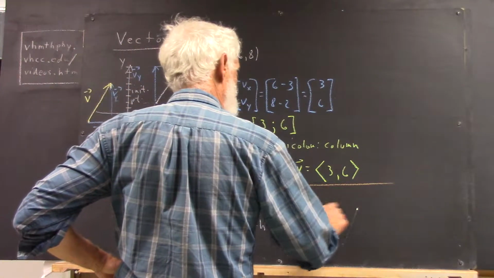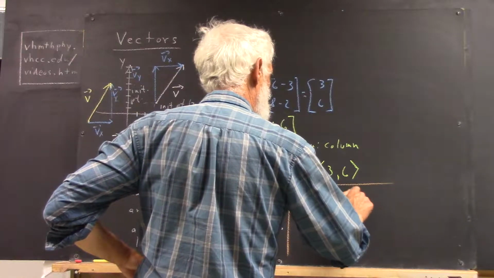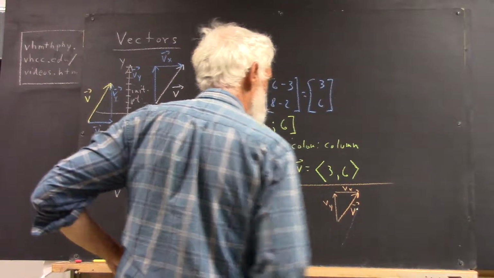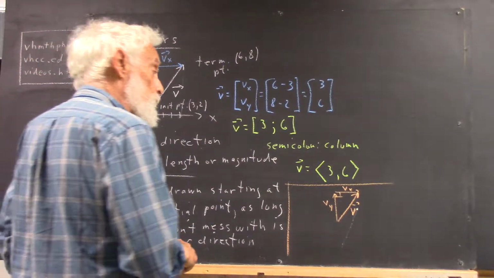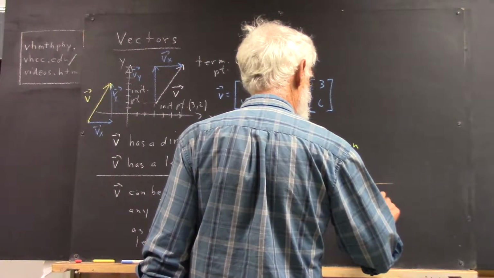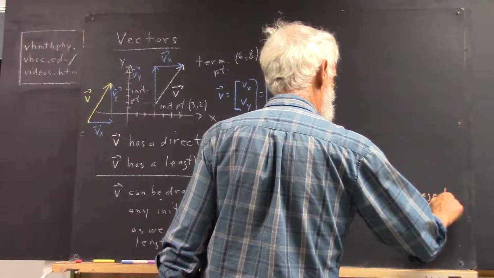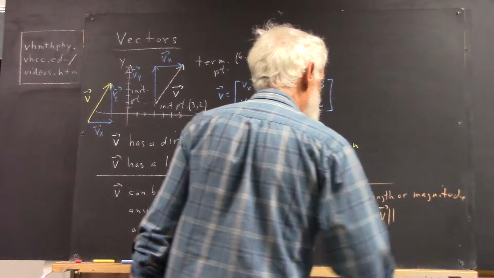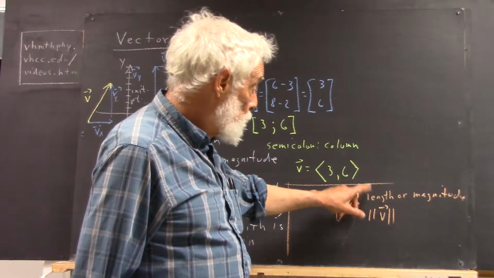Well, from the fact that you have Vy here and Vx here, and the fact that the x direction and y direction make a right angle, we see immediately that the magnitude of V, the length, or magnitude, and this is a lot like an absolute value sign, but there are two lines.